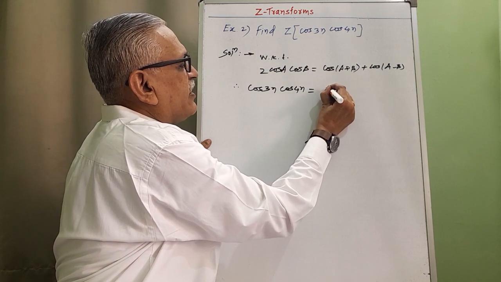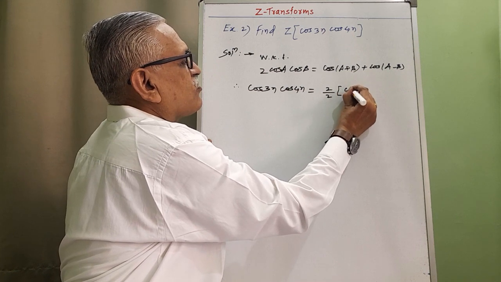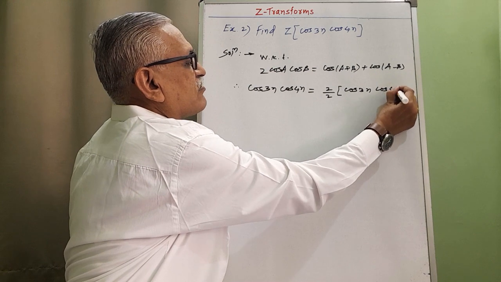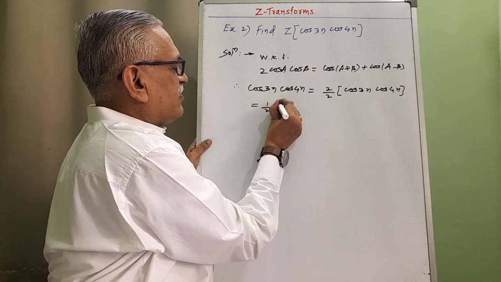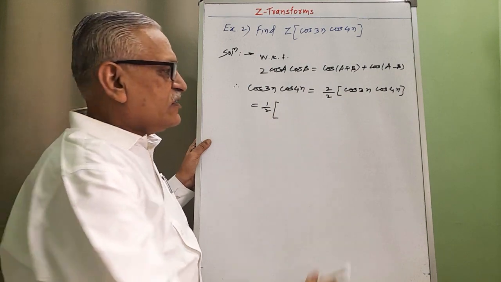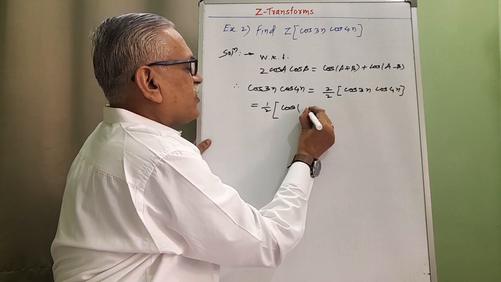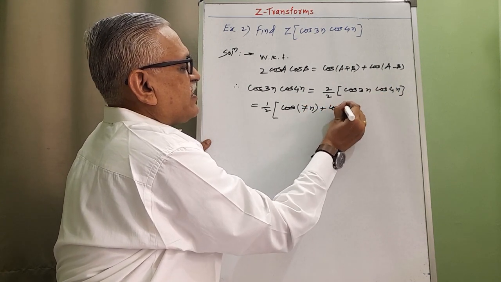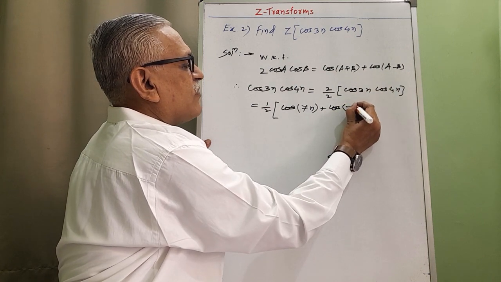cos of 3n into cos of 4n. This is equal to 1 by 2 as it is, 2 cos A cos B, cos A plus B, and therefore it is cos of 3n plus 4n, we get 7n, plus cos of A minus B, 3n minus 4n, we get minus n.